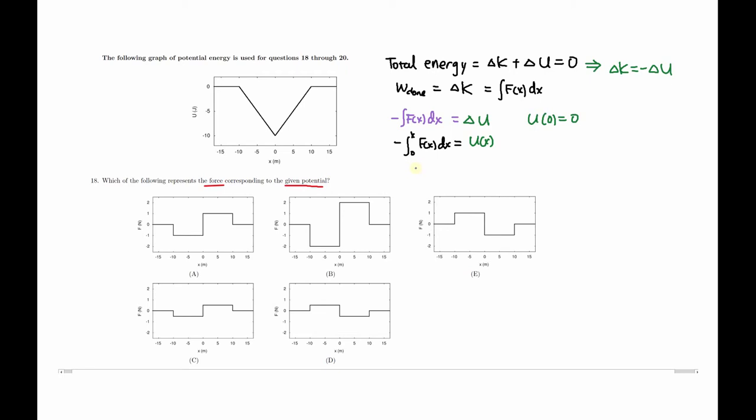So we're going to put the d over dx on both sides: d over dx of U of x equals negative d over dx of the integral. So using calculus, the right side only remains the force, f of x, and on the left side we have the negative sign in front, and then d over dx of U of x.